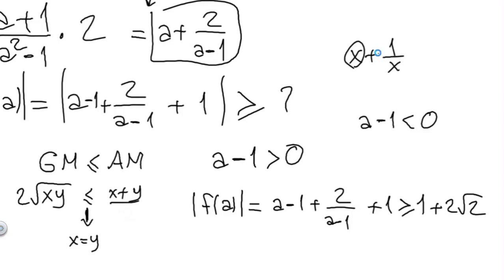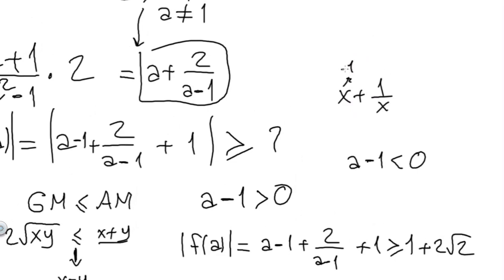If x is negative, I mean, if you put x equal to 1, this will be equal to 2. And if you put minus 1, this will be equal to minus 2. And if you change x values, this will just be even less than minus 2.